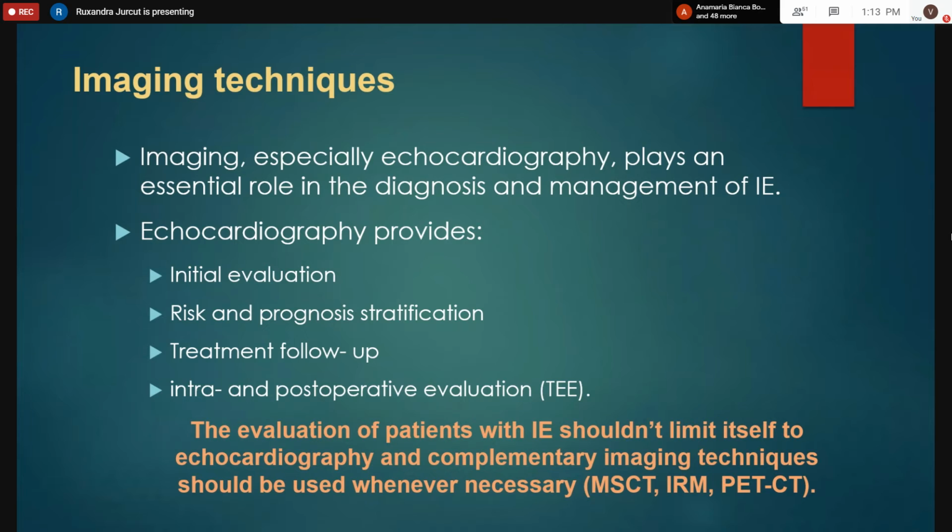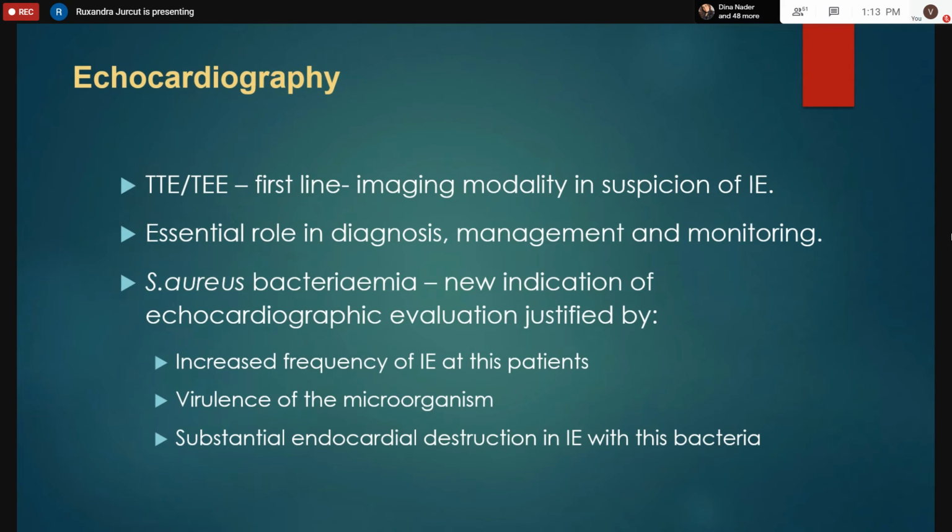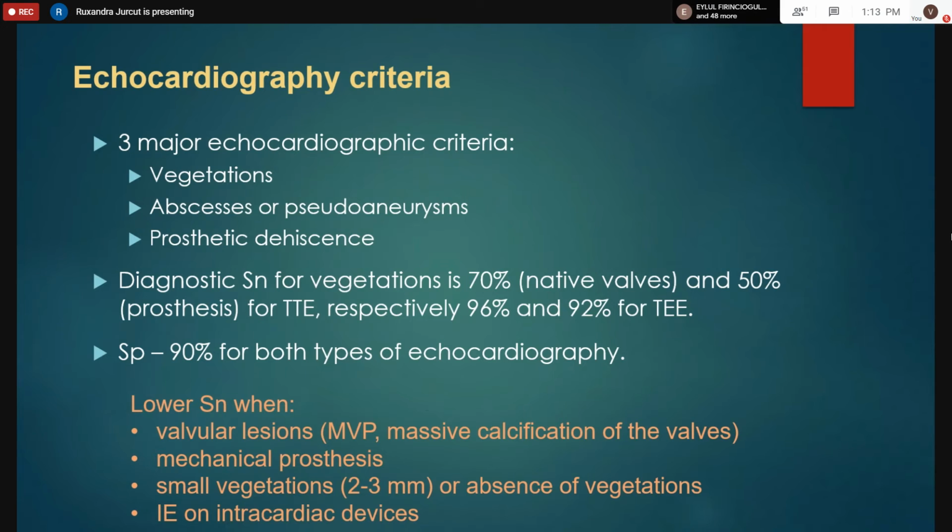Another thing that can be used, of course, is imaging. And imaging, especially echocardiography, is pivotal in the diagnosis and also in the follow-up of patients with infective endocarditis. It's also, as you very well know, the main technique that we use in these patients. More than the theoretical part of echocardiography, what you should get more familiar with are examples or images of echo.